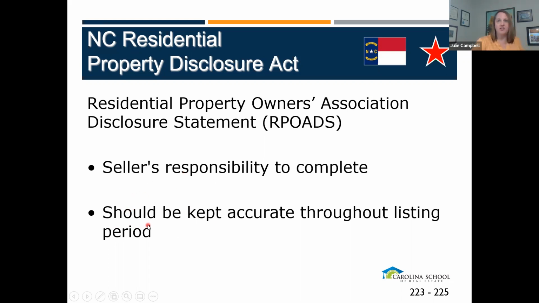I saw that more last year than I thought I would ever see. It was the common theme last year. So again, the seller completes it, it's working just fine, and then it breaks, update the RPODS. Seller completes it and it's not working, and then they fix it, update the RPODS.